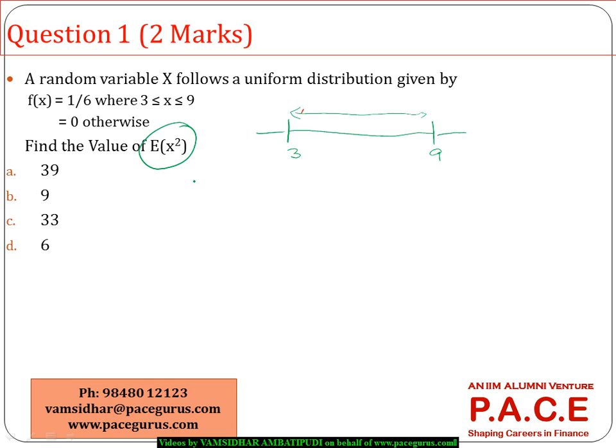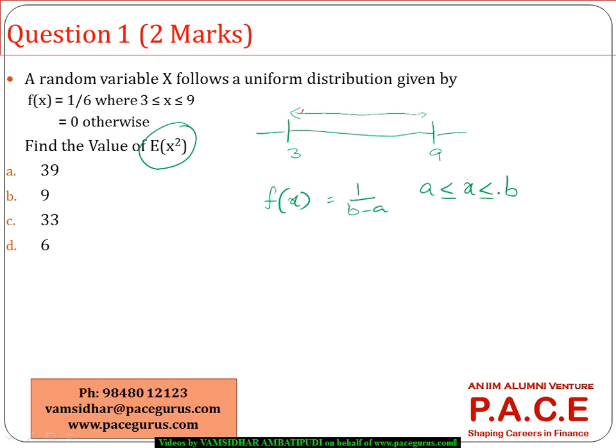If we remember some of the key things associated with a uniform distribution, f of x is equal to 1 by b minus a, where a is less than or equal to x less than or equal to b.